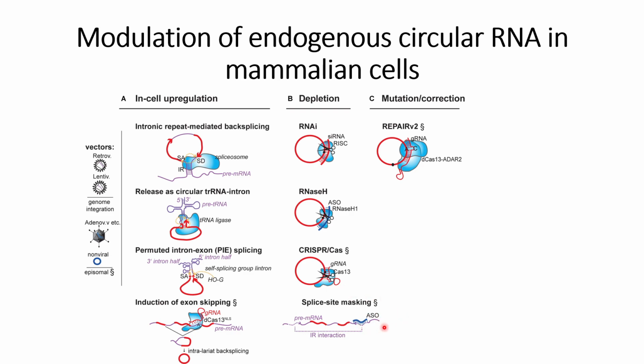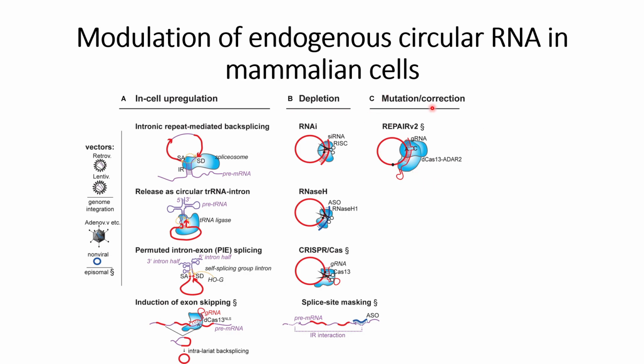However, this antisense oligo needs to be selected in a way that it can only bind to the linear RNA, not the circular RNA, and at the same time does not affect the translation efficiency of the linear mRNA. This is still on paper, yet to be developed and tested.